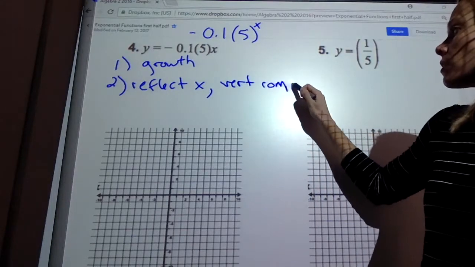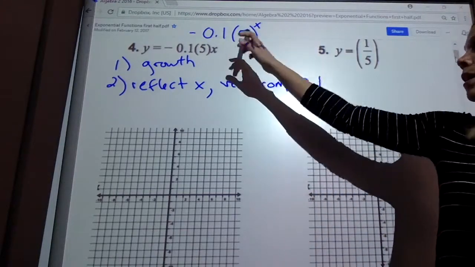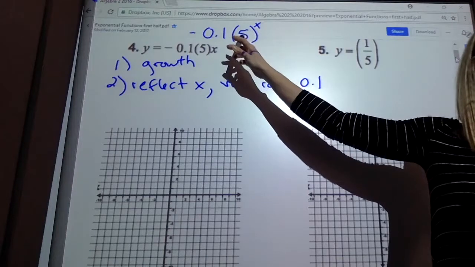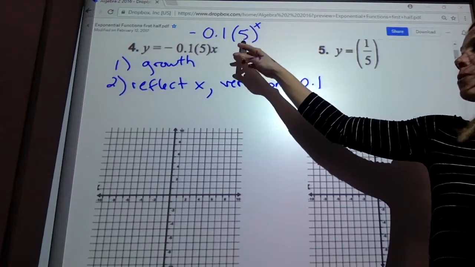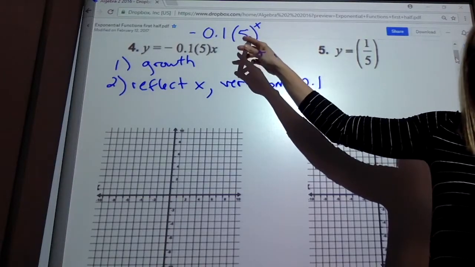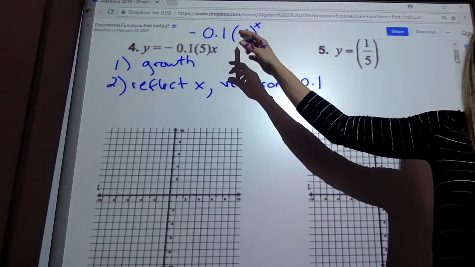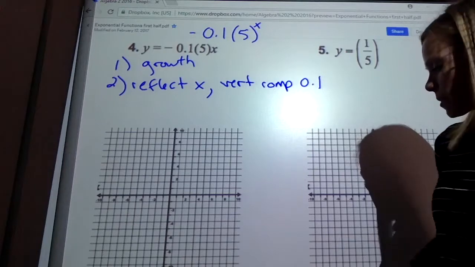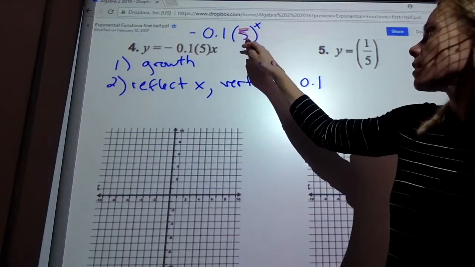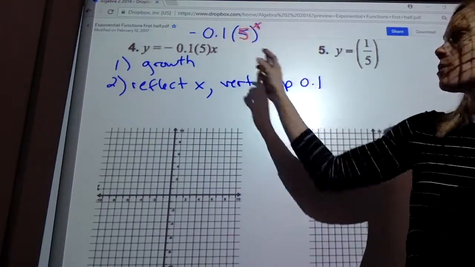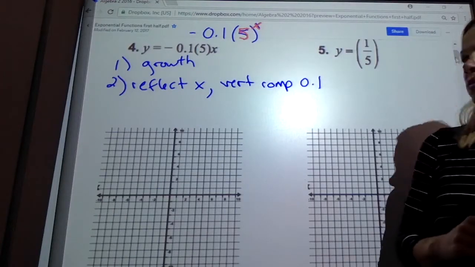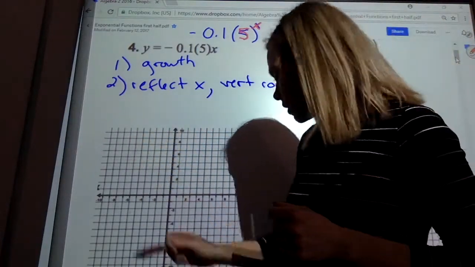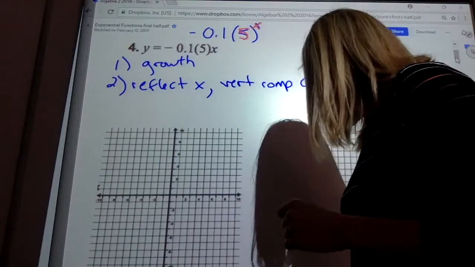Vertical compression of 0.1. Okay? We do not say a vertical stretch of 5 because 5 to the x power, that's our parent function. That's what we started with. Okay? 5 is my b. So this is my parent function. Anything else that happened to 5 to the x, right? I'm starting with that. Anything else is a transformation. 5 is not a transformation. All right, y-intercept. Let's talk about that for a minute.